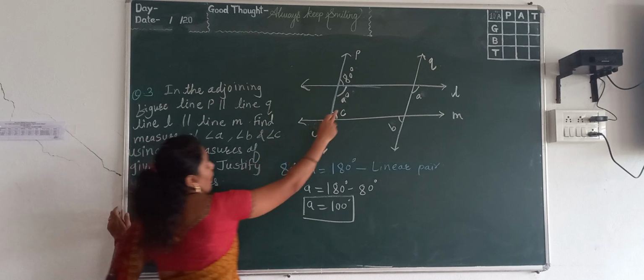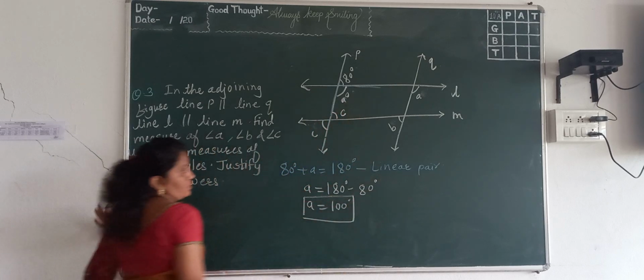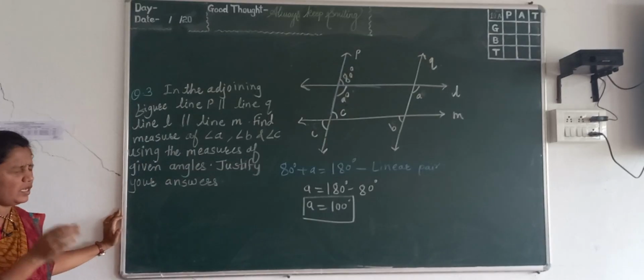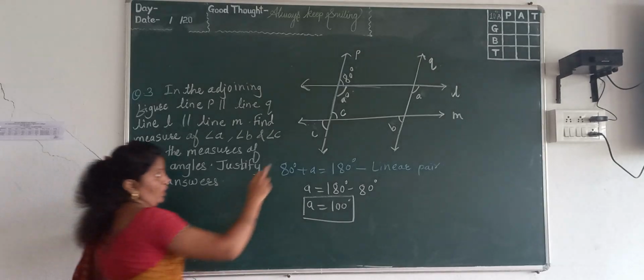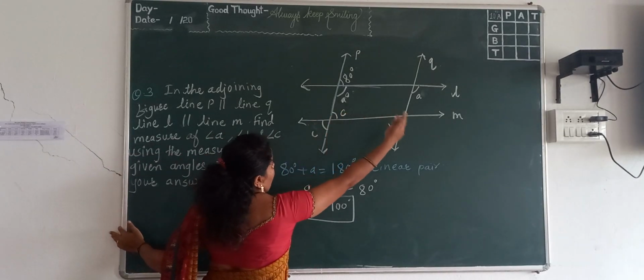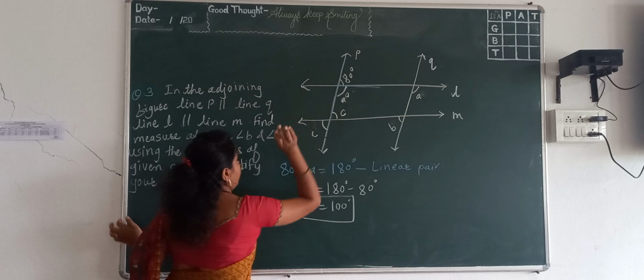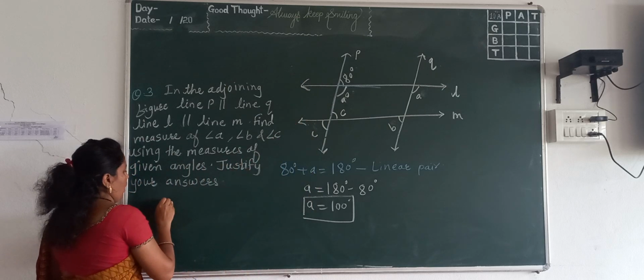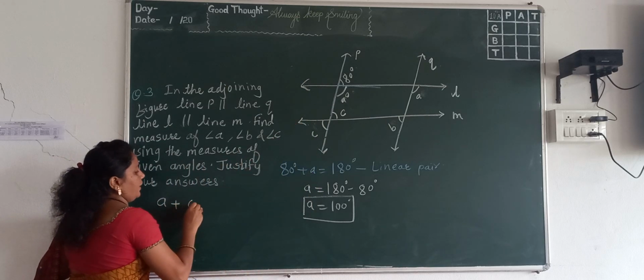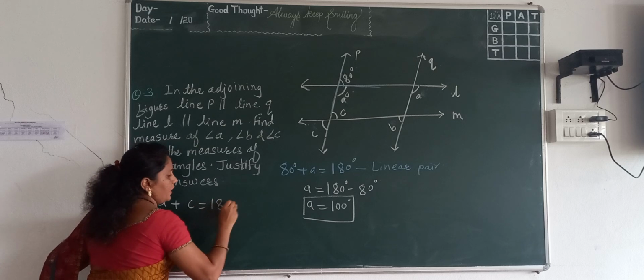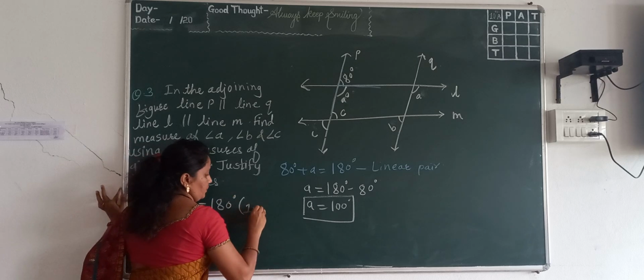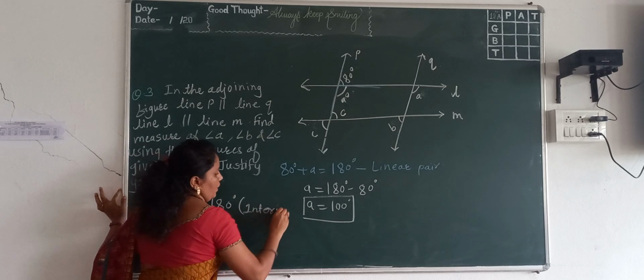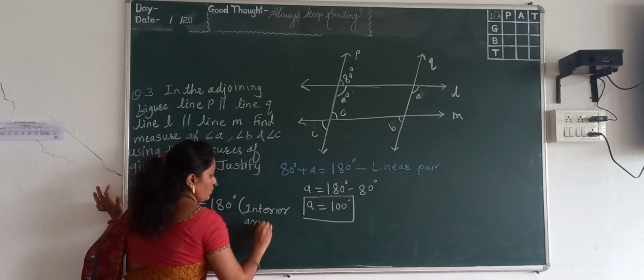Then next, angle A and angle C are interior angles, because lines L and M are parallel lines and P is the transversal. Then A plus C is 180 degrees because they are interior angles.